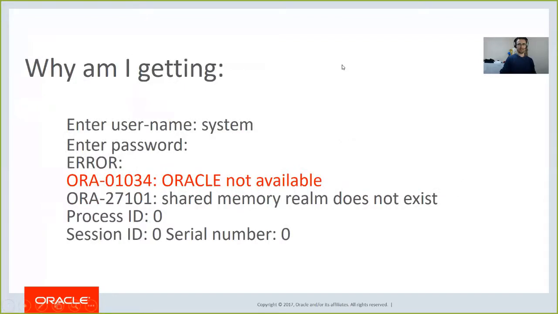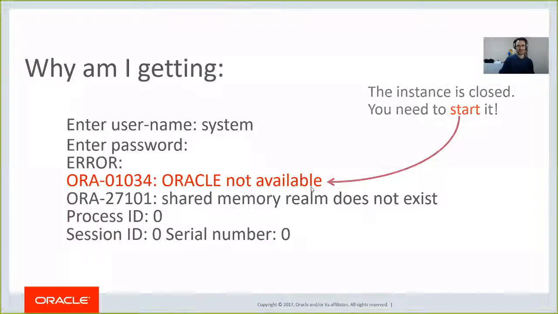I had one other quick question that I wanted to cover, something someone else submitted beforehand. They were getting this error. They'd installed Express Edition on their laptop, I believe, and they were trying to connect and running into this lovely error. Notice we got this 1034 Oracle not available error. What does it mean? The problem here is very simple: the Oracle instance is not started.